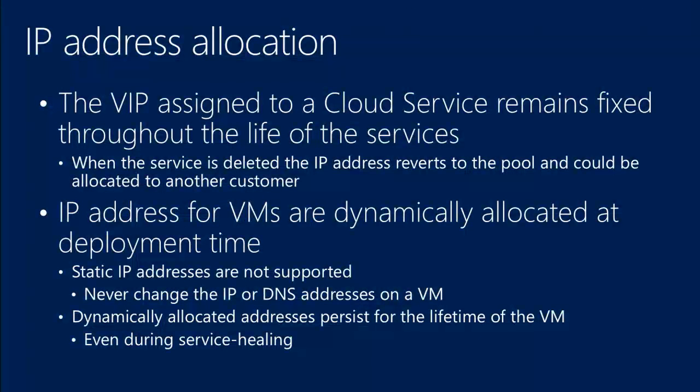It will not change through service healing, and it will not change through host updates. If you shut down your virtual machine, as in shut down, save money by not being charged, and then restart it, it will have a new IP address. So you'll lose the fixed IP address, well, the IP addresses that last for the lifetime of the virtual machine.